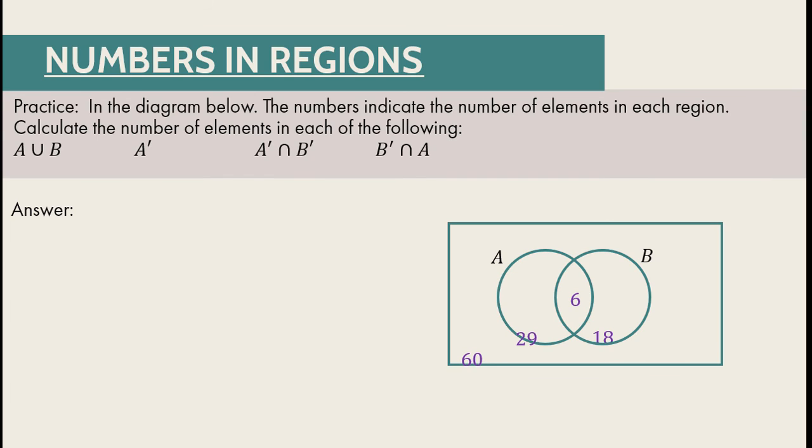Okay, let's give yourself 5 minutes to complete this question before coming back to the answer. Okay, here's the answer. The number of elements in the union of A and B: 29 plus 18 is 47, minus 6.